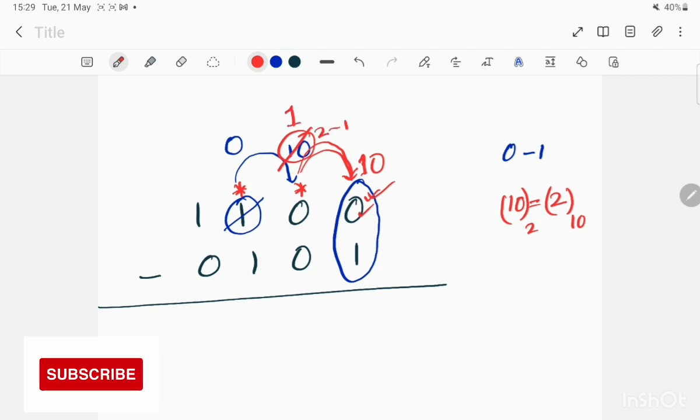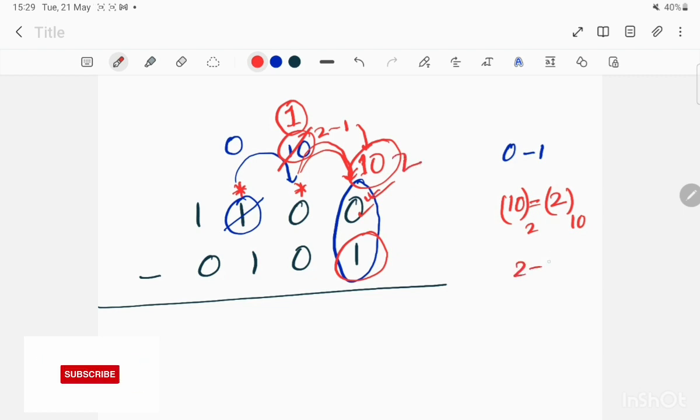From 2 you have given 1 to this place, so it becomes 1. Now finally we have here 1 0 and here we have 1. Now this 1 0 is nothing but 2, and 2 minus 1 is equal to 1. So at first column it becomes 1.